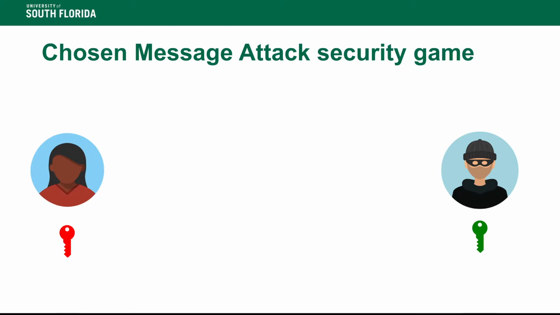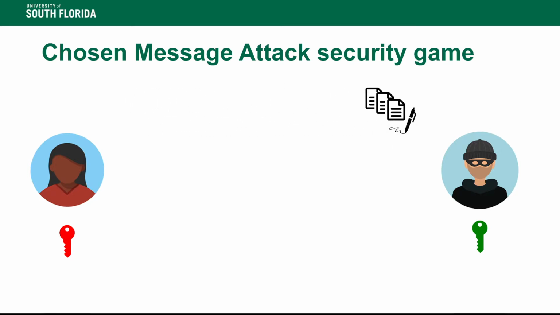Now, the adversary wants to create a forgery. A forgery is a document and a valid signature for the verification key they have. It's a chosen message attack because they can choose messages, send them to the challenger, and then the challenger must sign them with their signing key and send back the signatures.